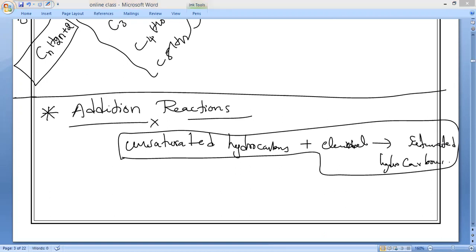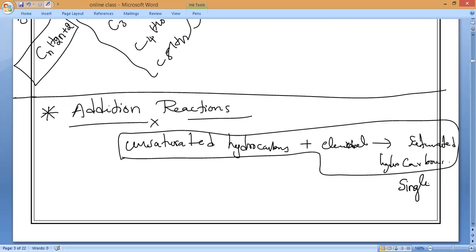That process is called an addition reaction. So an unsaturated hydrocarbon combines with another substance and gives how many products? Reactants are 2, but products are how many? 1. A single product. That is what we call an addition reaction.